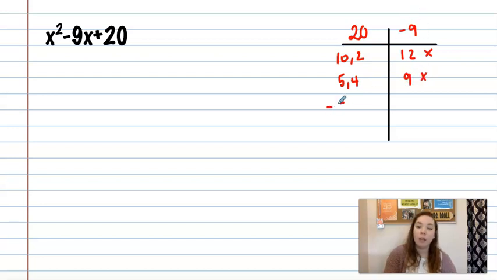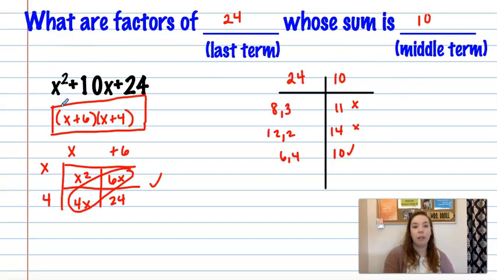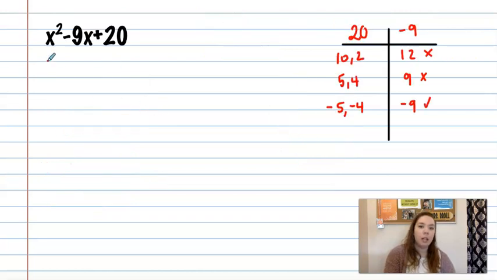But I could do negative 5 and negative 4 to get that positive 20, but a negative 9. So instead of, last time we did x plus 6, x plus 4, because they were positive, this time we'll do subtraction. X minus 5 and x minus 4. Okay, and that's it. That's fully factored.